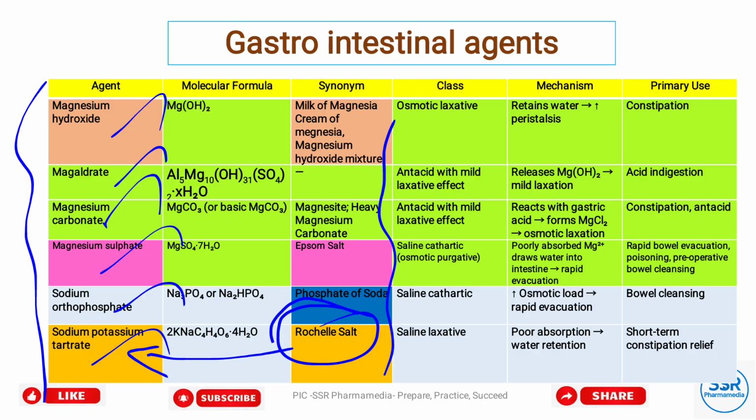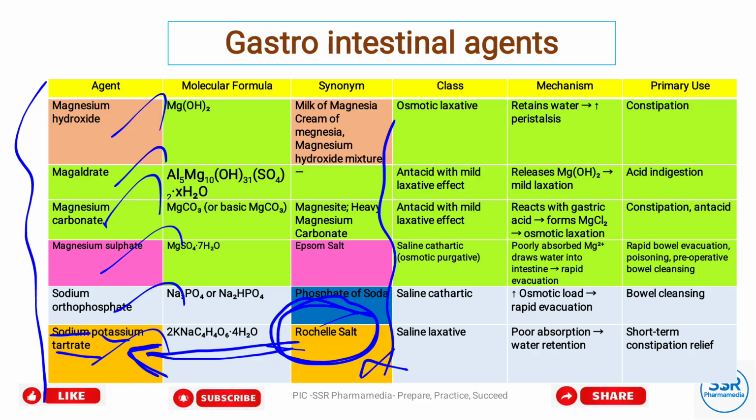But they ask repeatedly about Rochelle salt and Mayer salt. In Rochelle salt, sodium comes first: sodium potassium tartrate. Mayer salt is potassium sodium tartrate. The only difference is the position of sodium and potassium. So first sodium, then potassium tartrate, means Rochelle salt. It's a very important MCQ.